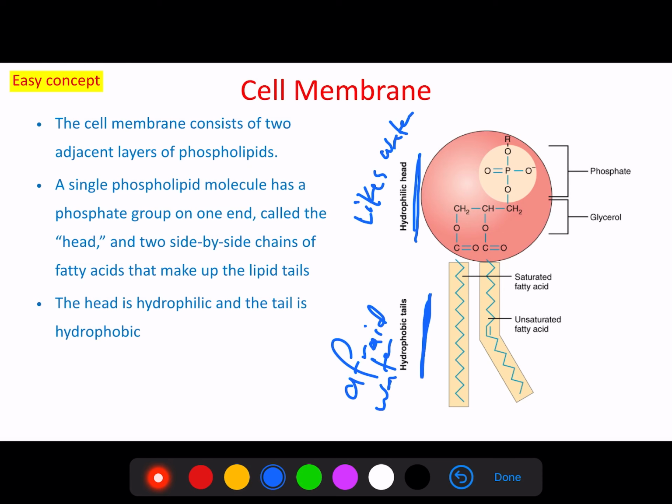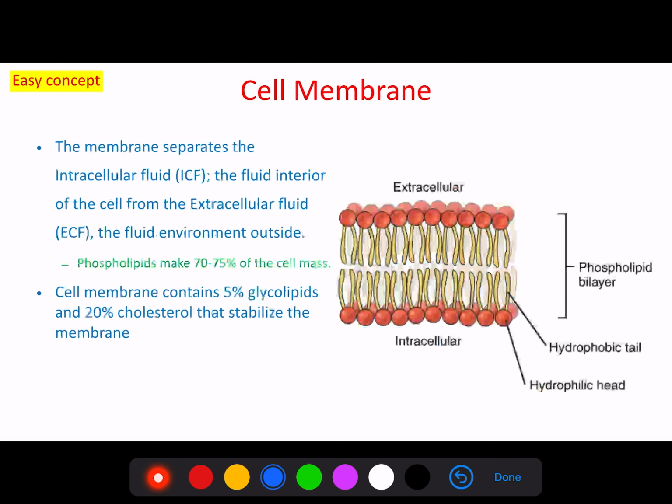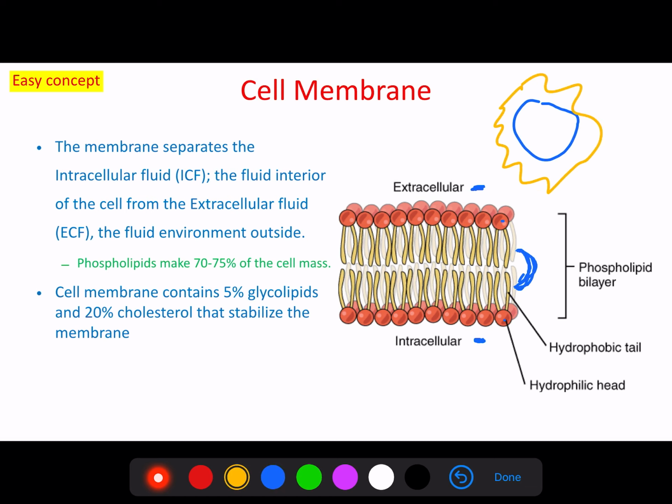And since we are talking about a bilayer of phospholipids, it means that these hydrophobic tails are going to face each other, whereas the hydrophilic heads are going to face the intracellular fluid and the extracellular fluid, since they like water. Now we need to remember that the cell is always surrounded by water. There is the extracellular water, and inside, this is something we will understand in a bit, there is also water.